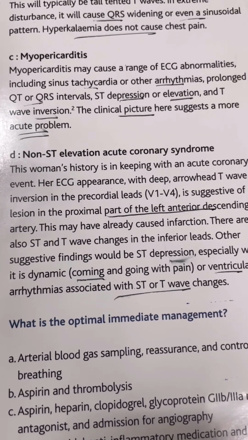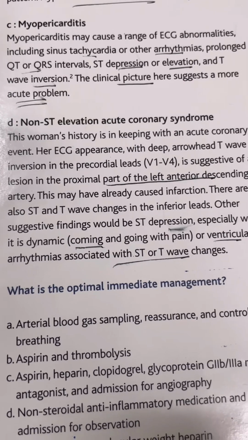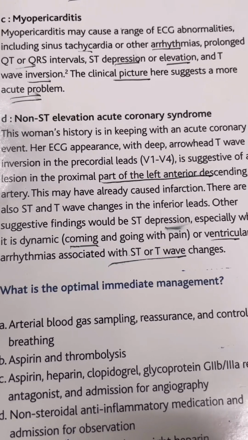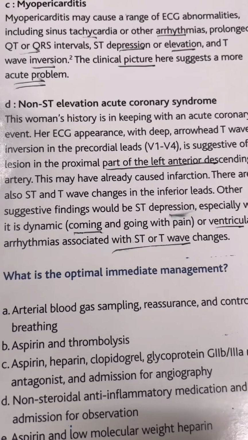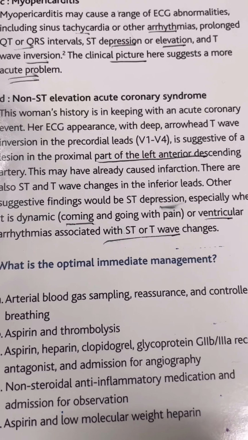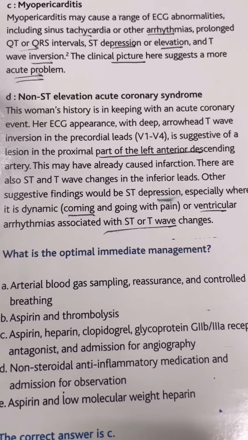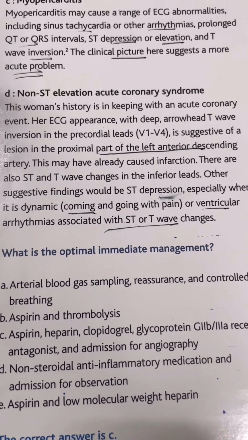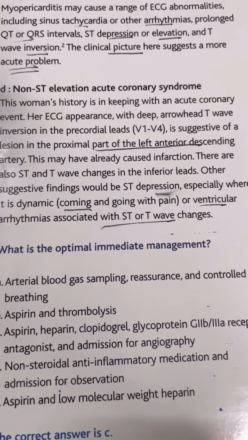Now the choice number D, non-ST elevation acute coronary syndrome. This woman's history is in keeping with an acute coronary event. Her ECG appearance with deep arrowhead T wave inversion in the precordial leads V1 to V4 is suggestive of a lesion in the proximal part of the left anterior descending artery.